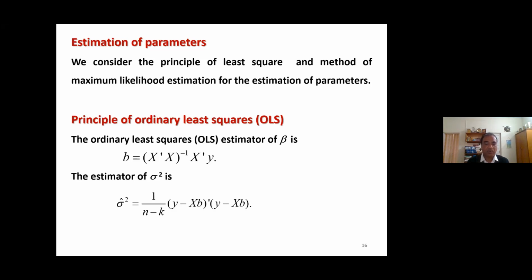In the structure of this b, we have X transpose X whole inverse. This unique inverse is going to be found only when the rank of X is equal to K. That is why we made the assumption that X is a full column rank matrix, from which you can take help while finding this ordinary least squares estimator.